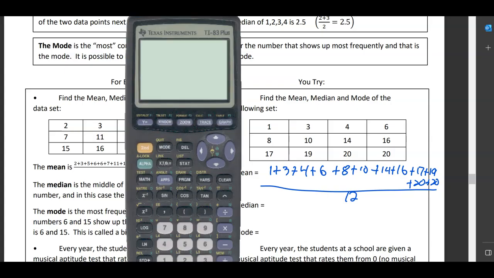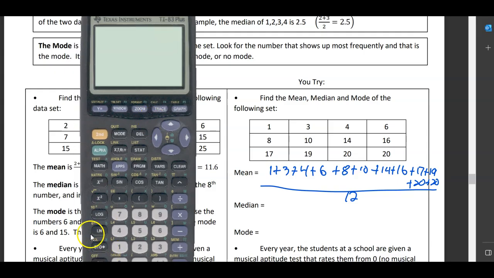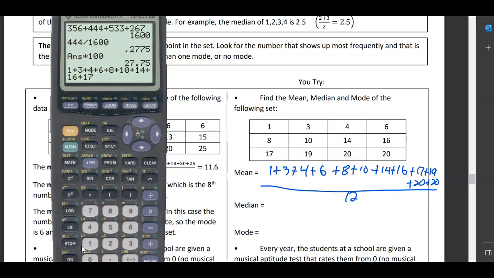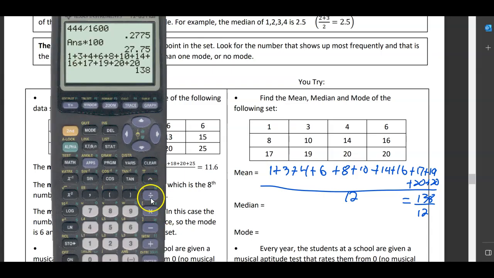So what we get: the top is 138, and then divide by 12. 11.5.